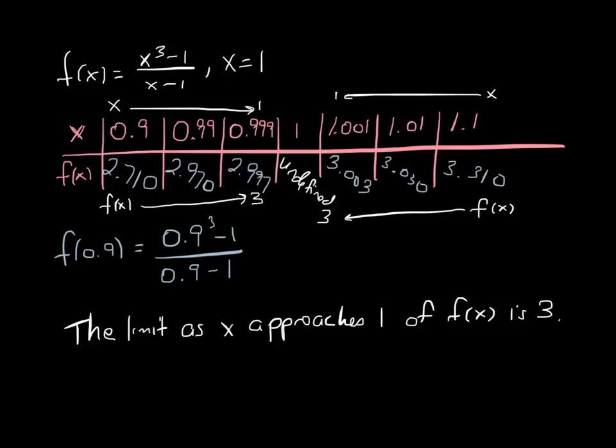And the way we would write that is limit as x approaches 1 of f of x is equal to 3. So just one more reminder that we're really not talking about what's happening here. We don't care about what happens at x equals 1. It's as x is getting really, really close to 1.